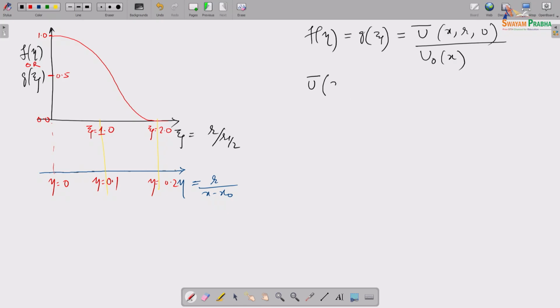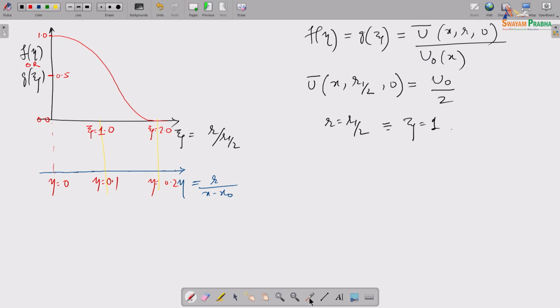The u mean at r half is equal to half of the centerline velocity. So u mean at the jet half width is actually this. In that case, if I take r is equal to r half, which means that I am saying zeta is equal to 1.